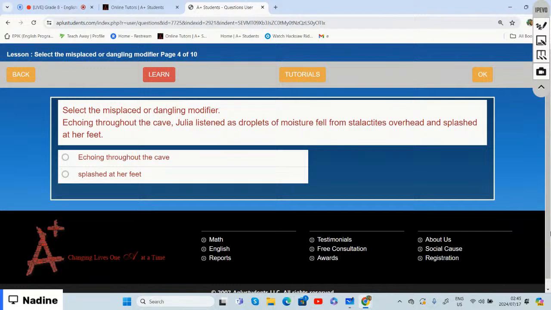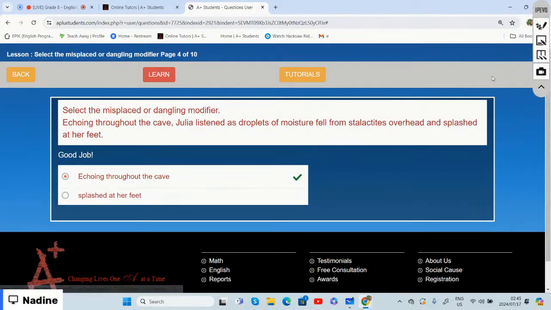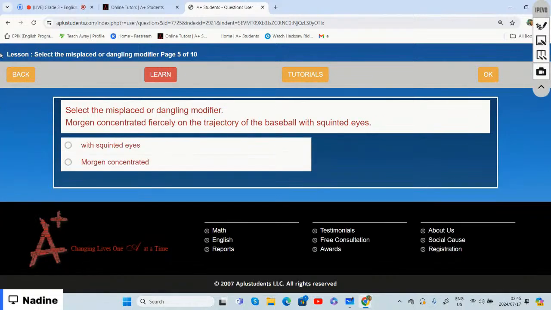So is it echoing through the cave or splashed at her feet? And if we choose the correct one, let's go to echoing through the cave.